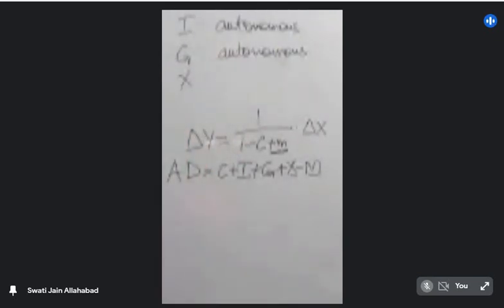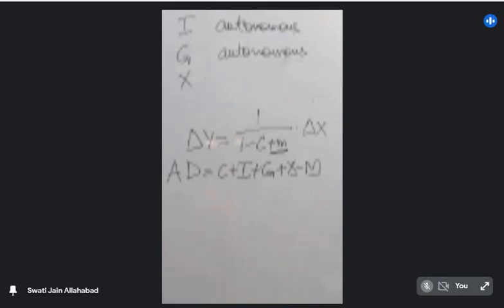What do we mean by autonomous variable? Anyone? Ma'am, which is independent from income. Yes, that's very true, any variable which is independent from the level of income becomes autonomous.